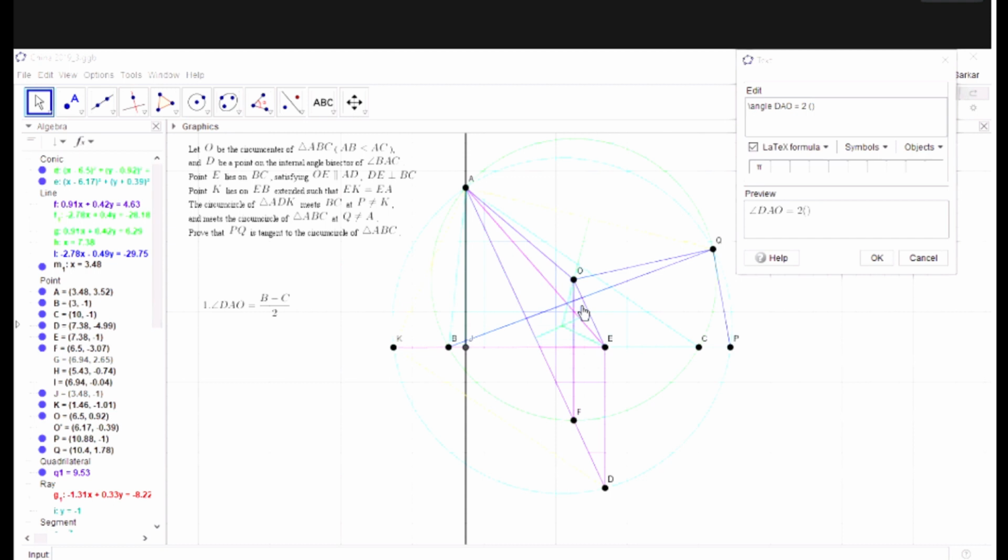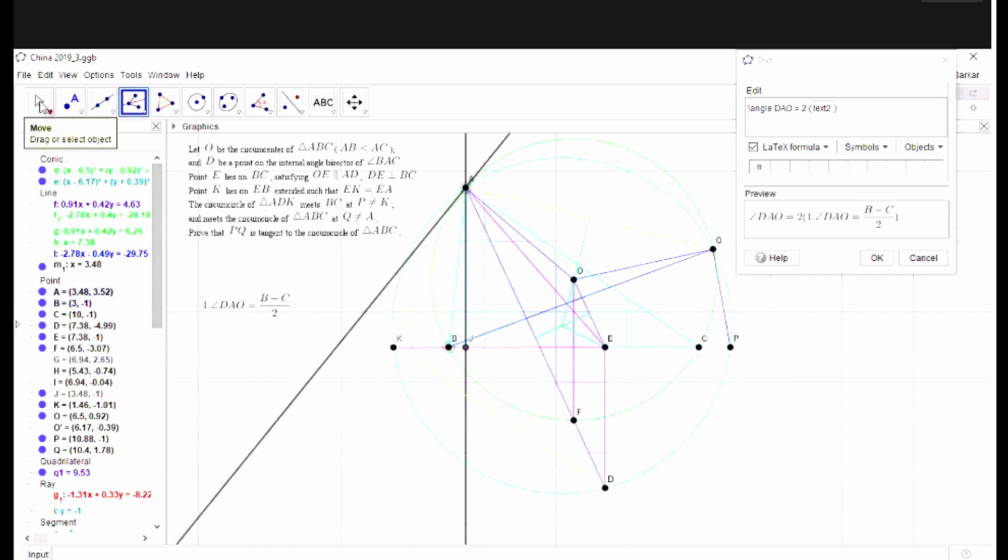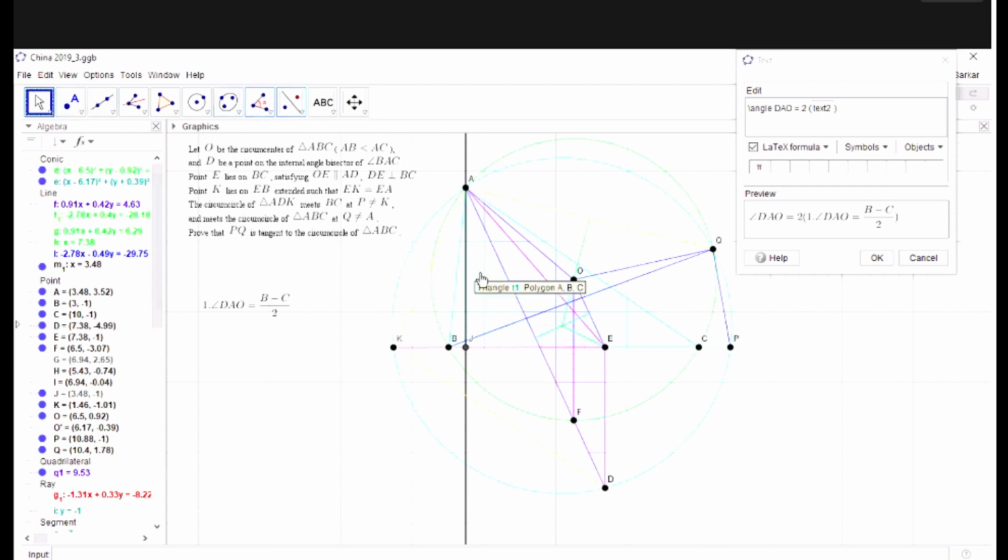Yeah, okay, cool. So after you get this, as I told, the angle bisector of BAC is the angle bisector of DAO as well. Let me draw it. The angle bisector of BAC, AD or AF lie on that, and F is the intersection with the circle.